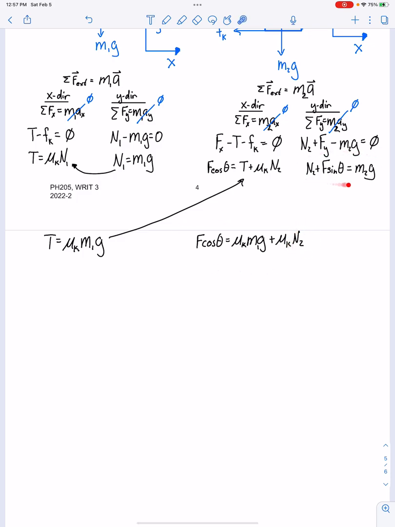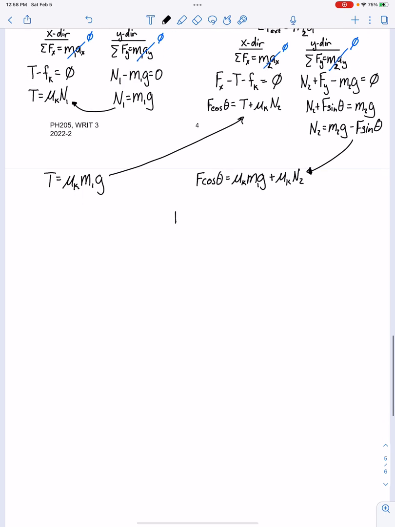So if we solve this equation for N2, we get N2 equals m2g minus F sine theta, and we can plug that in for N2 to eliminate N2.